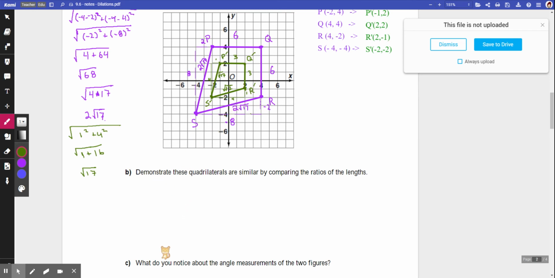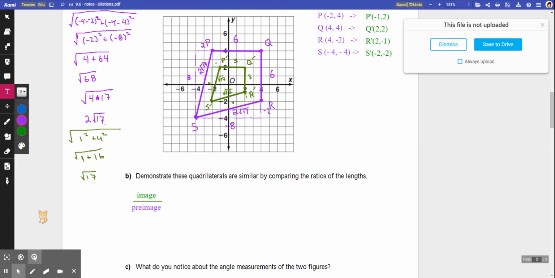So when I set up my ratio, my ratio is image over pre-image.